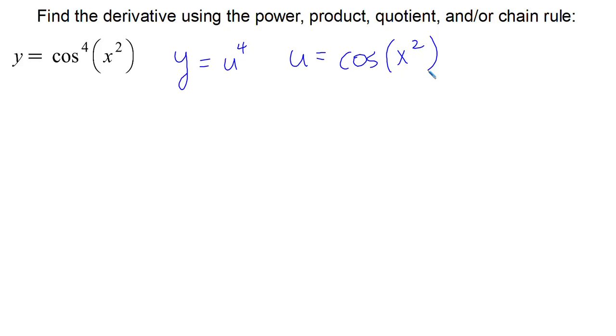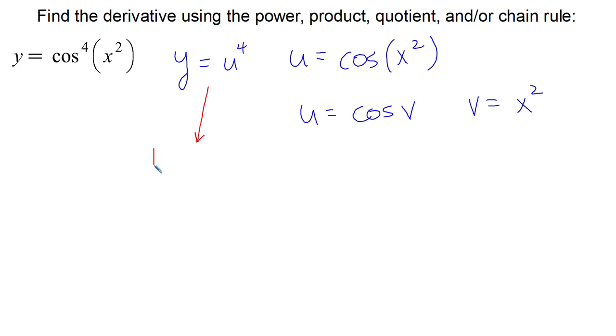But then we'll probably note that u equals cosine of x squared is a composition of two functions again. So we're going to have to rewrite this as u is equal to the cosine of v, where v is equal to x squared. So in order to find this derivative, we're going to have to do 3 different derivatives.